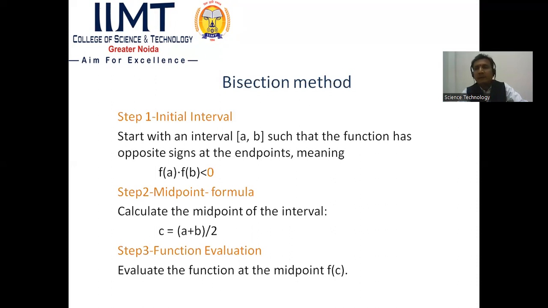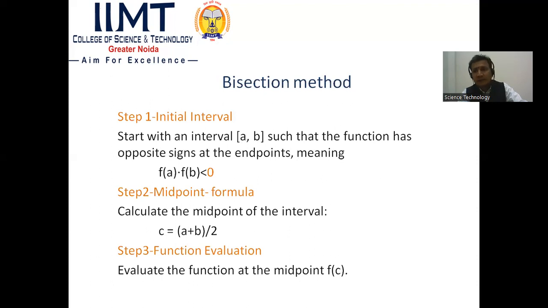Bisection method, the main topic for this lecture. As I earlier told, this is interval halving method in which we repeatedly halve the interval to get the solution of an equation.